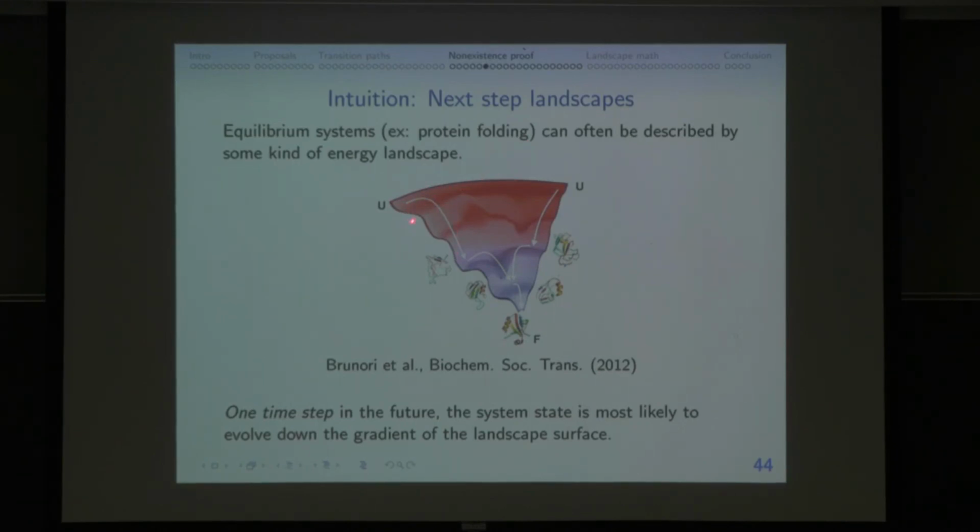I could go somewhere else, but this is the direction I'm most likely to go. And again, if I'm here, I'm most likely to go down the direction of the gradient, until eventually probably I hit some sort of stable conformation. So the intuition is, one time step in the future, I want my system to go down the gradient of some surface. Can you construct a surface that does that?